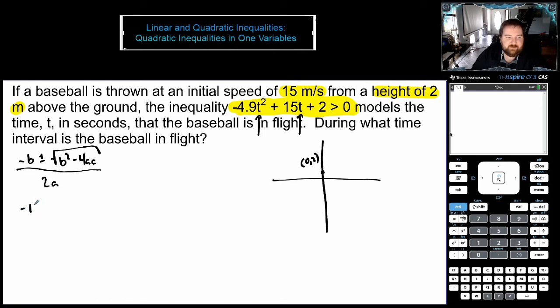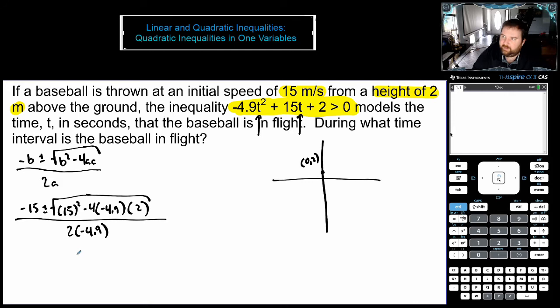So we have negative 15 plus or minus the square root of 15 squared minus 4 times a, which is negative 4.9, times c, which is 2. And this is all over 2a, so 2 times negative 4.9. Now I'm certainly using technology here. So let's deal with our radicand first.